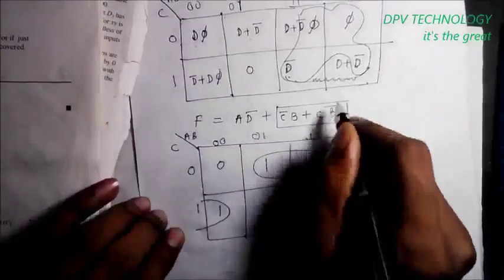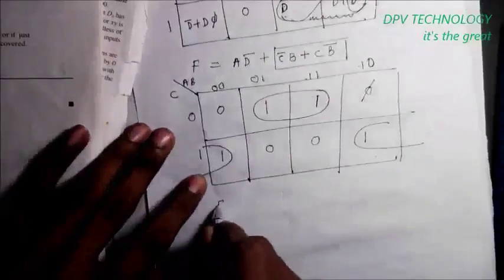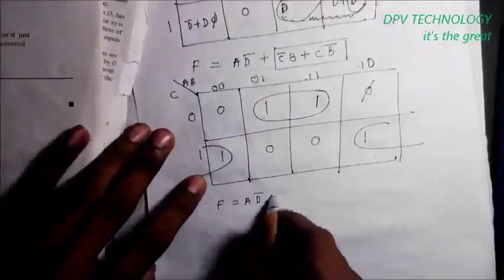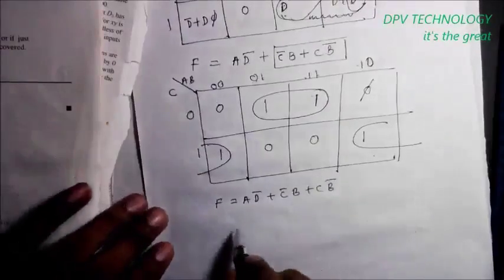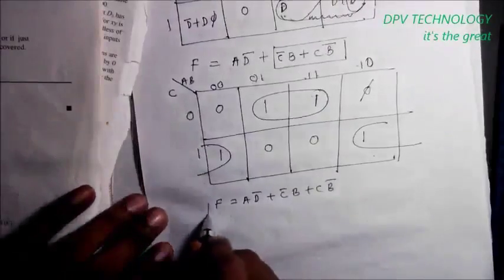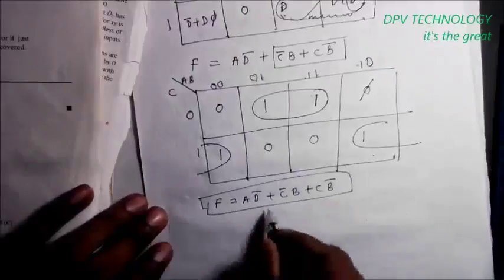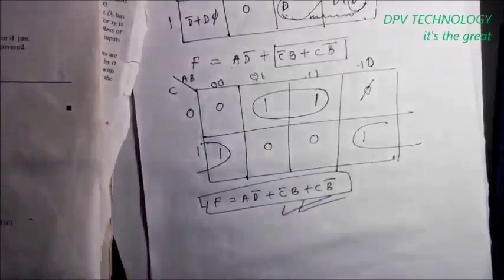So here we have F is equal to A D bar or C bar B or C B bar. So we have completed this function also. This is the simplified version.